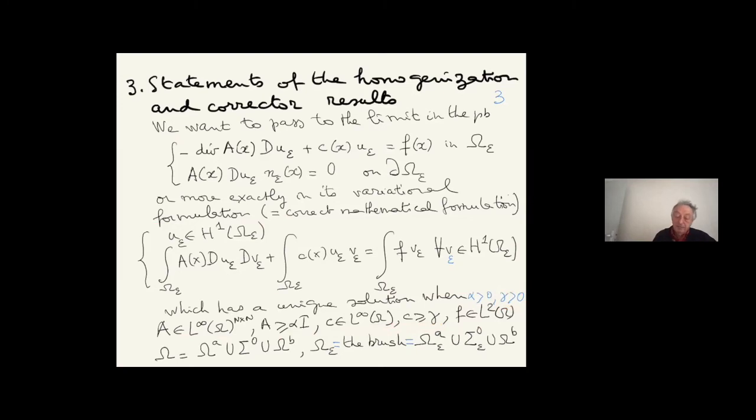And here, as I said, omega is omega A union the intermediate boundary sigma 0 union omega B. Omega A and omega B are open sets, and the brush omega epsilon is also the union of omega A epsilon, the intermediate gluing boundary, and omega B. And I want to let epsilon tend to 0.